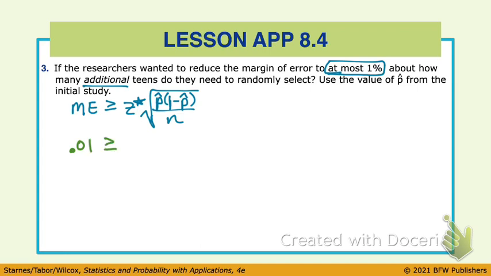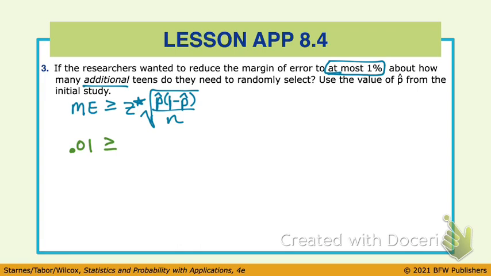Now, we need the z-star critical value for 99%. Okay, because it doesn't say that we're going to change our confidence level. So back in the notes from 8.3, you had 4 confidence interval levels that I gave you.